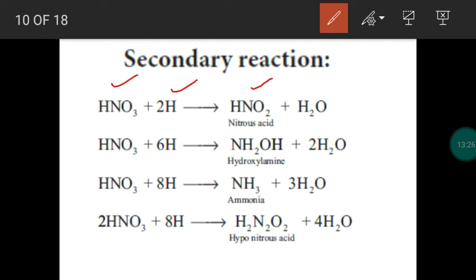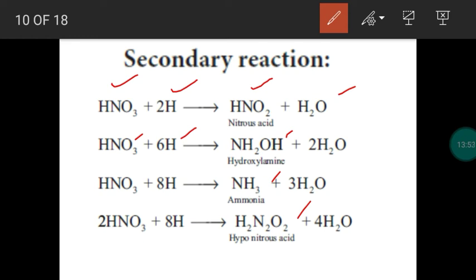If two nascent hydrogen atoms combine with nitric acid, it provides nitrous acid, HNO2, with water. Based on the metal, we may get different types of secondary products. If 6 nascent hydrogens combine with nitric acid, we get hydroxylamine. In the same way, we may get other products like ammonia and hyponitrous acid.